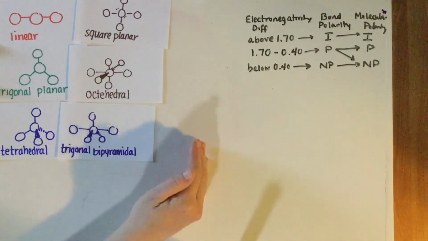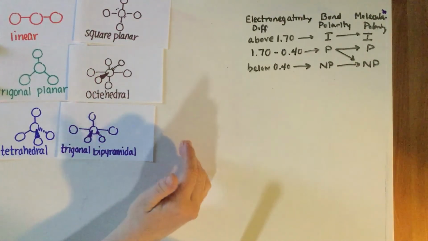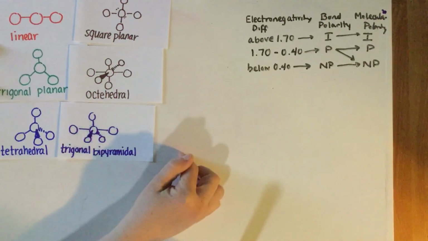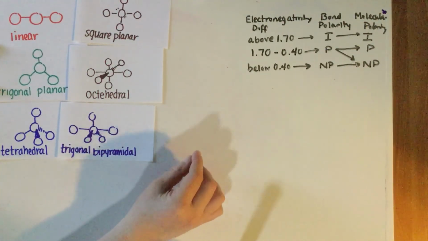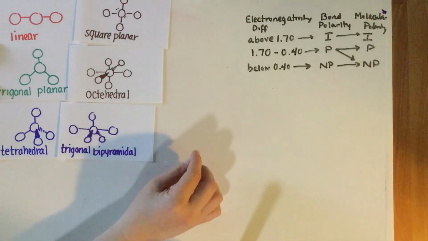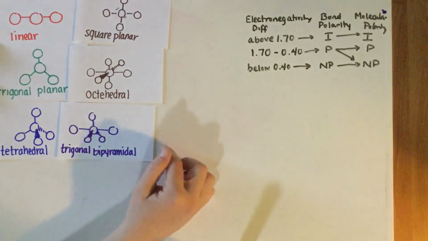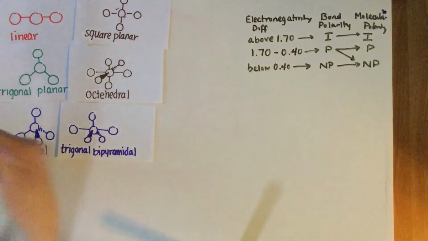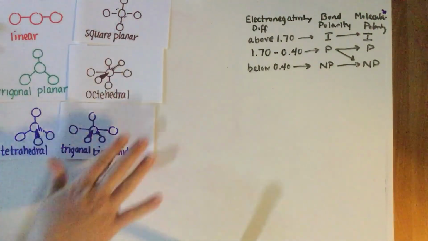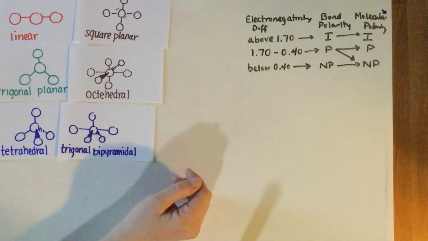If they have dipoles and the dipoles oppose each other, these are the shapes where all of the angles are equal and they can cancel. So if you have dipoles on all of the bonds and the dipoles oppose each other, either both in or both out, then these are the shapes that will be nonpolar overall.